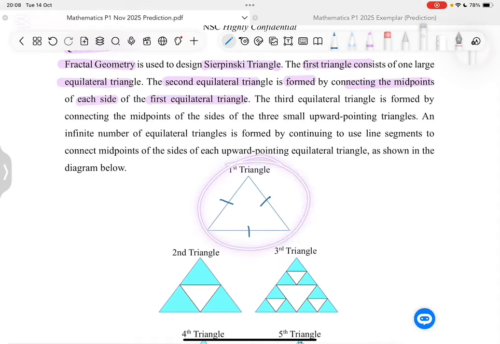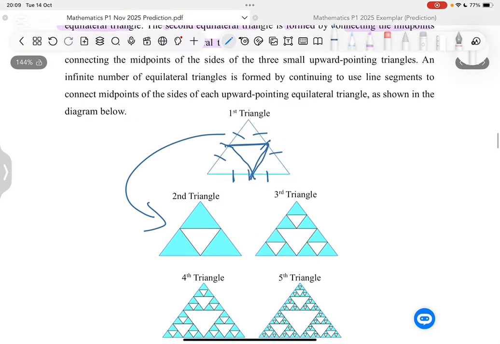So in this triangle, I take this side here and connect it by a line to the midpoints like that, and also this one, so that this side and this side are the same, and this side and this side are the same. And I also cut this length here so that this side and this side are the same, and I also draw another line so that this side and this side are the same. Then I'll be able to produce this triangle here. This is how we get to the second triangle.